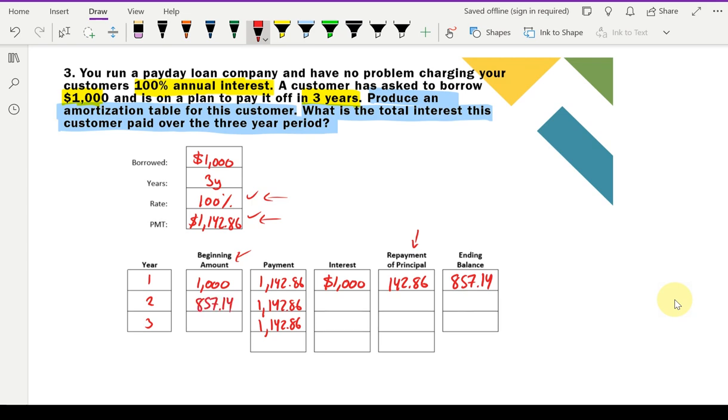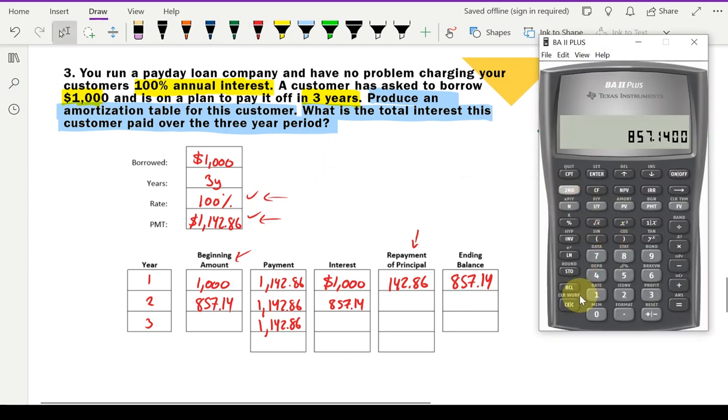$857.14. So we start over. Now the interest is the 100% times the $857.14. But we know we're just multiplying by 1 because it's 100%, right? But you could do that. You could take the $857.14, multiply it by 100% or just 1, and that's going to leave us with $857.14. Now you subtract to get the principal payment, the payment minus the interest.